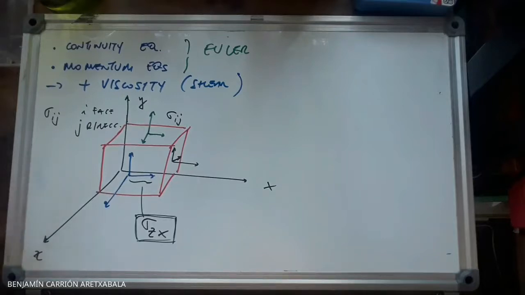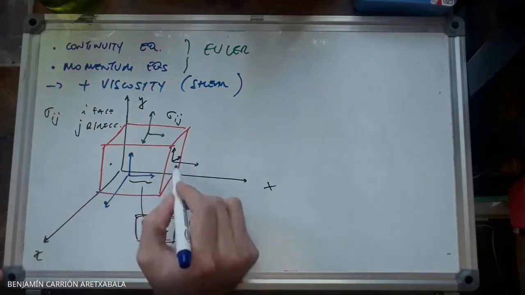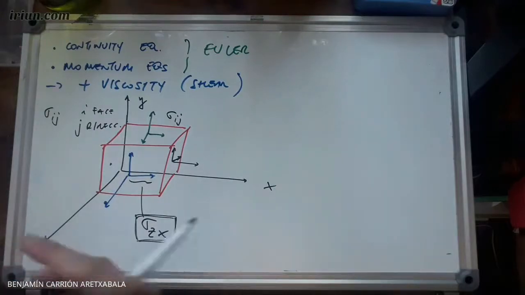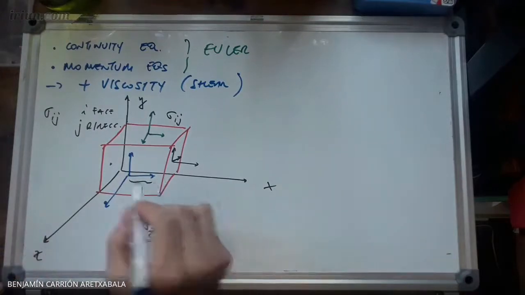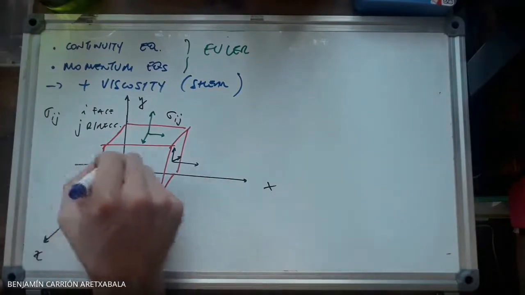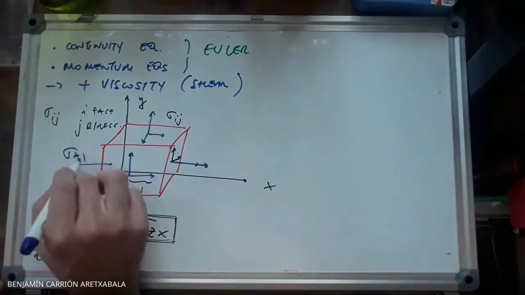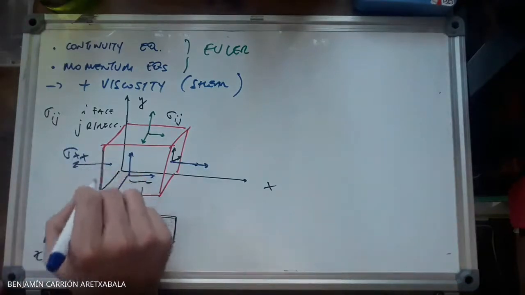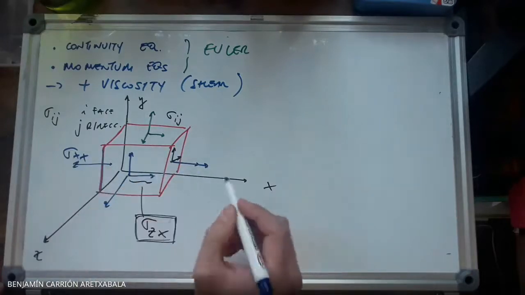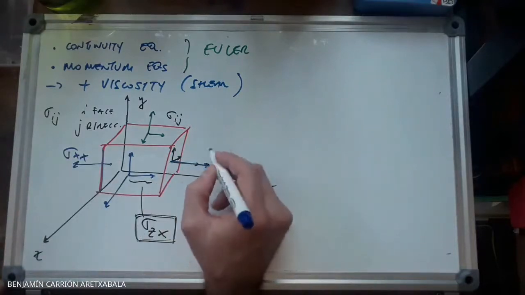Now as always, if this is a very small volume, we can assume that the stresses vary linearly from one face to another. So let's say, for the sake of argument, here we have sigma xx, because it's the sigma acting on the x face in the x direction. What is going to be the value here?